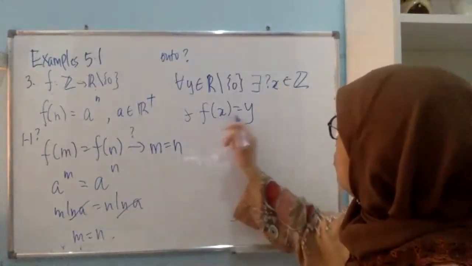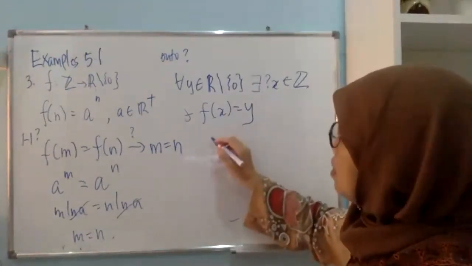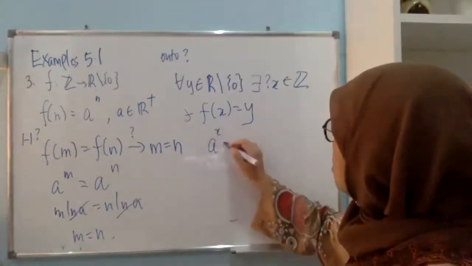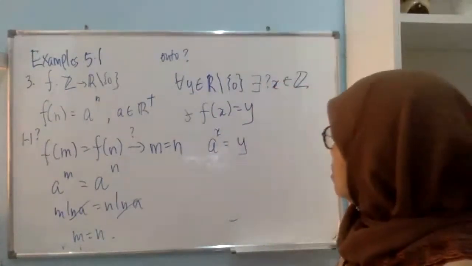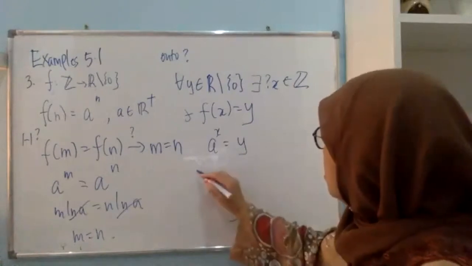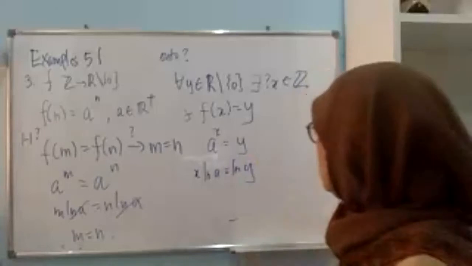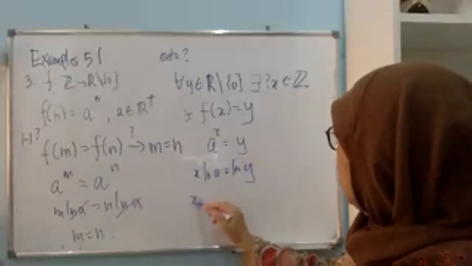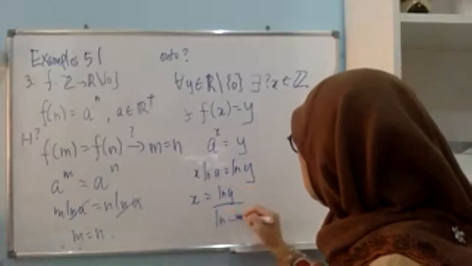Okay, from here, f(x) is a to the x equals y, and x ln a is ln y. So from here we have x equals ln y over ln a.